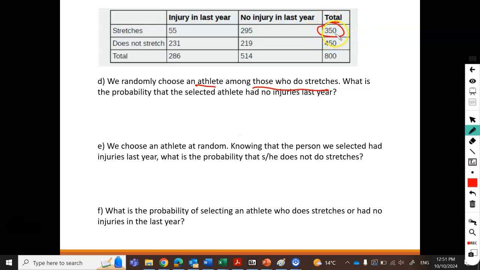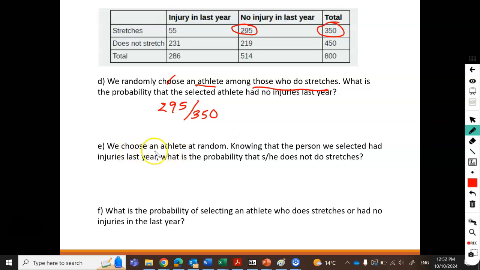So your sample space is now 350. And out of 350, those who had no injuries last year is 295. So you will get 295 out of 350.